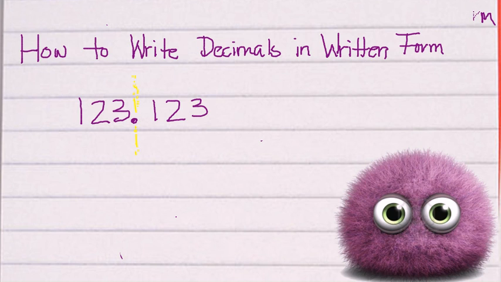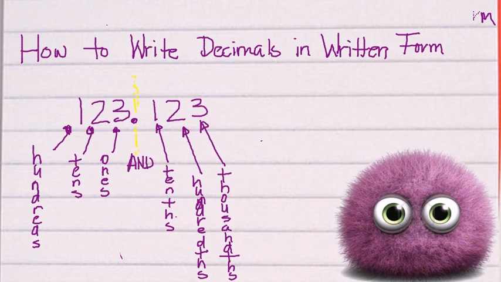Notice here that I have a new number, 123.123. I already have my line that divides the left and the right, and I need to write the word "and" because I know that's what goes right there. Let's quickly identify each one of these. I'm going to stop this right now and write them in. All right, I went ahead and wrote it in.